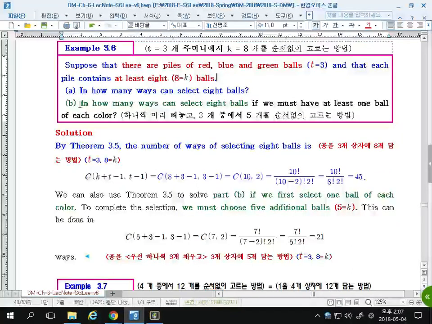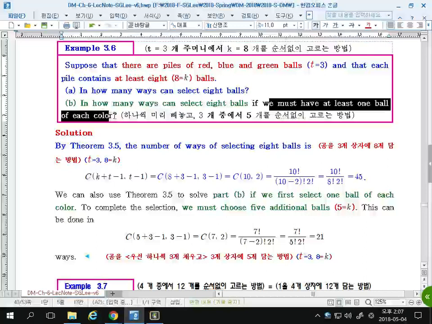And the second problem: in how many ways can we select 8 balls if we must have at least 1 ball of each color? Then all you have to do is choose 1 from each, and 3 are already taken, and we only need to choose 5 with the same conditions.